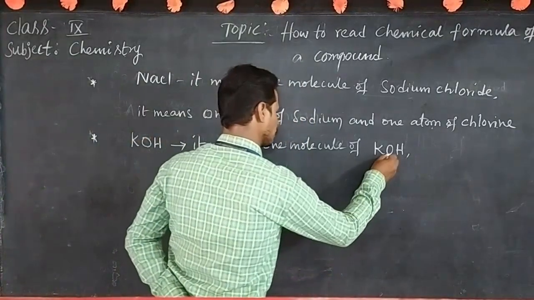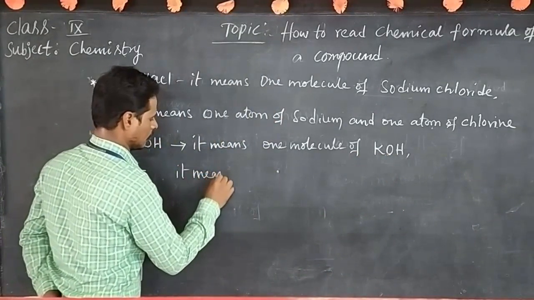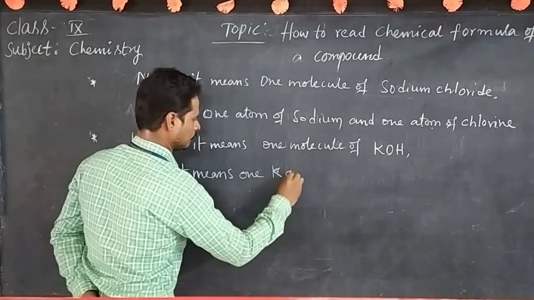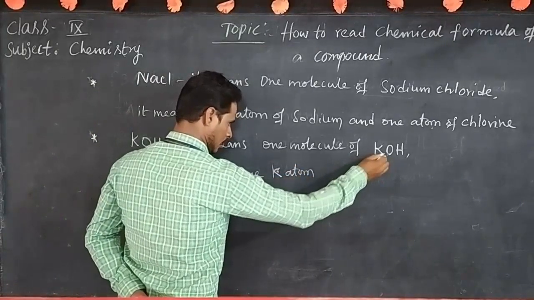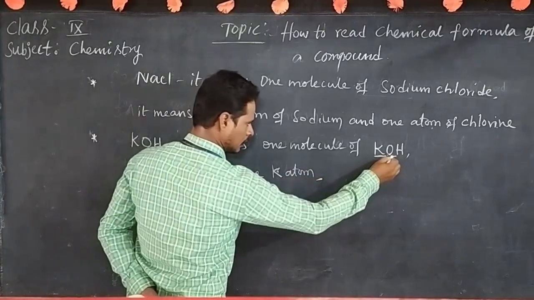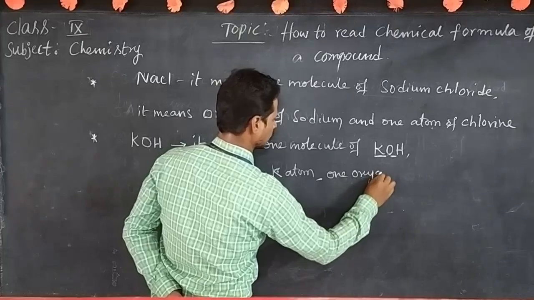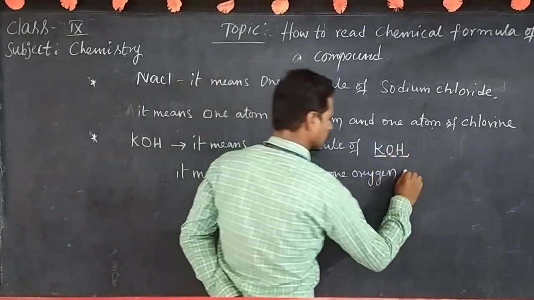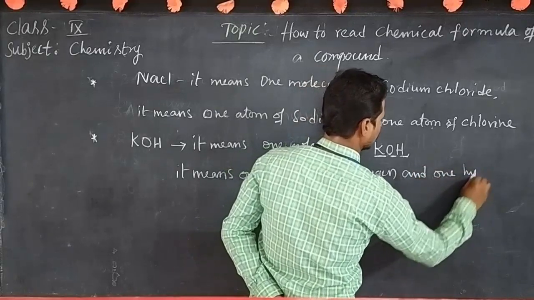Now check it. It means 1 potassium atom. Here how many potassiums are there? 1. Next, how many oxygens are there? 1 oxygen. Next, how many hydrogens are there? 1 hydrogen.